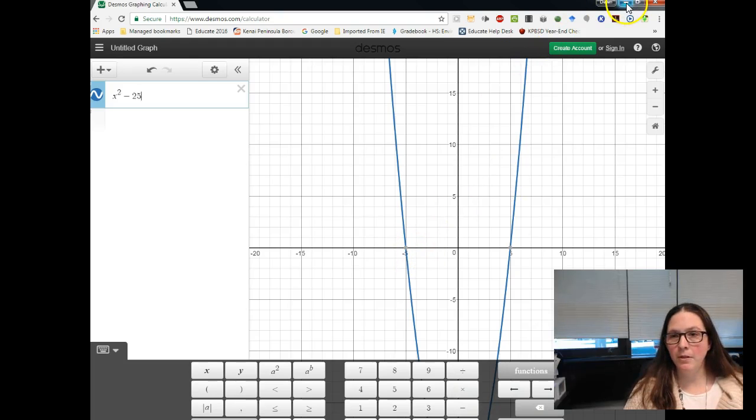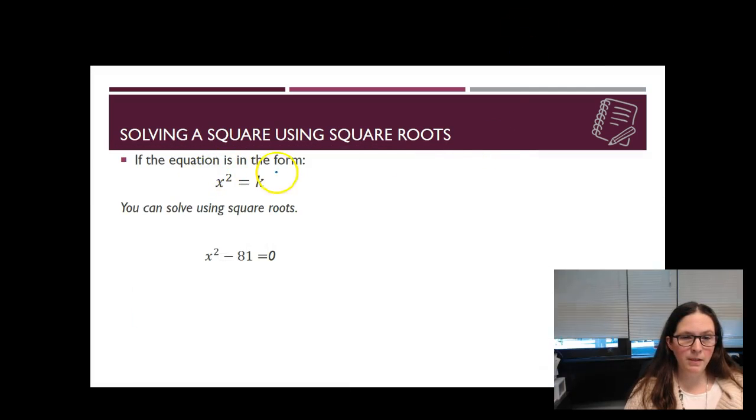So the way that we're solving that one, it involves the shortcut, if you will. You can solve using square roots by recognizing that you have no middle term, so we have no x. We just have an x squared equals another number. And the solution is really simple. So we just take our x squared minus 81 equals 0, and we set it in this form.